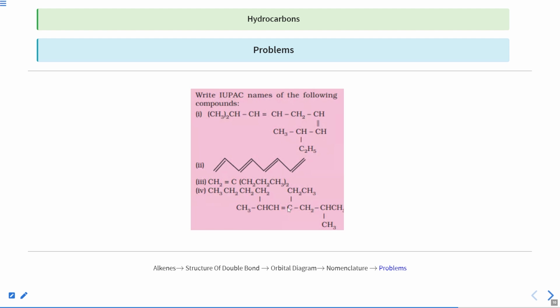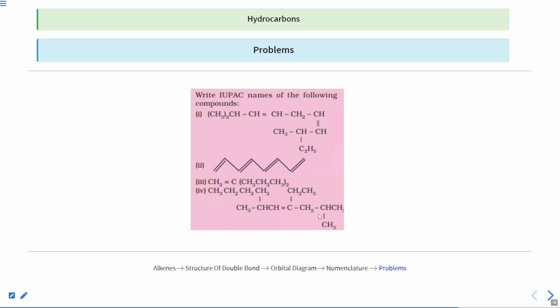Now ethyl comes first in the alphabet, so 4-ethyl, 2,6-dimethyl, dec, 4-ene. So the name would be 4-ethyl-2,6-dimethyldec-4-ene. Clear?